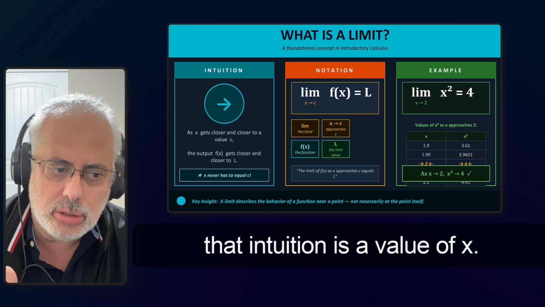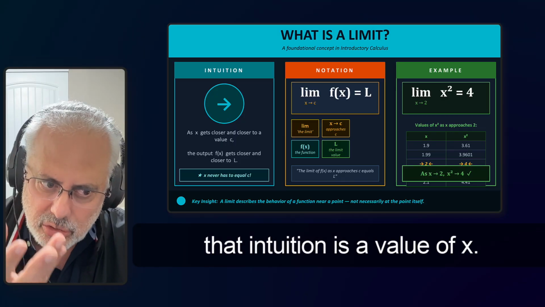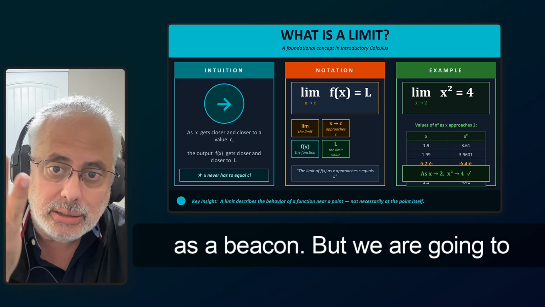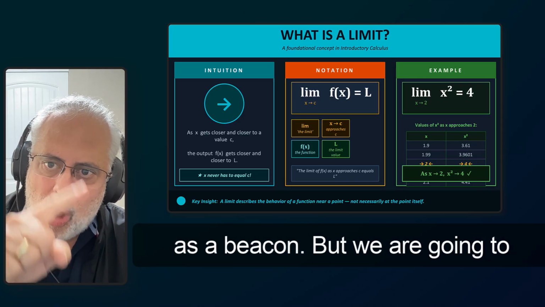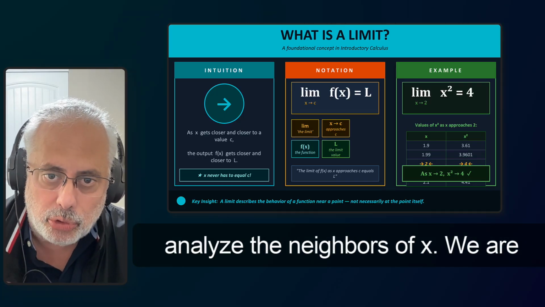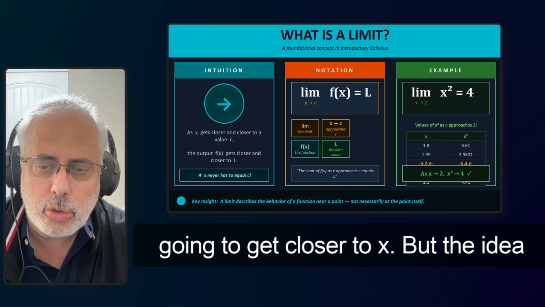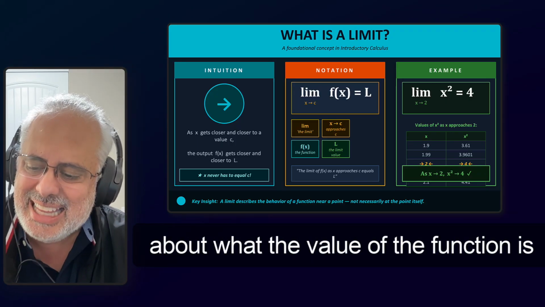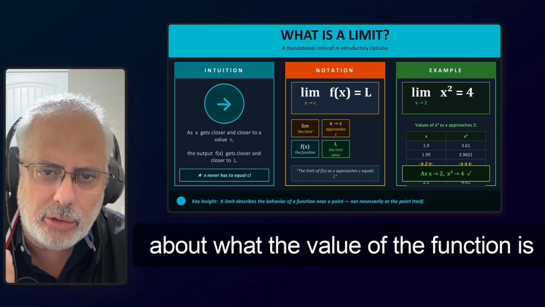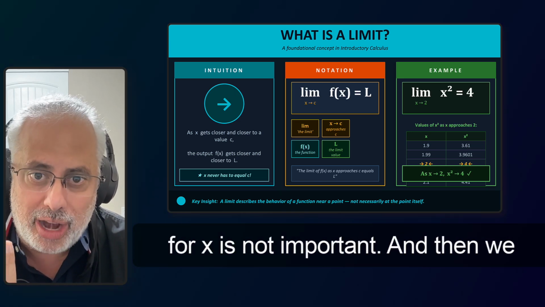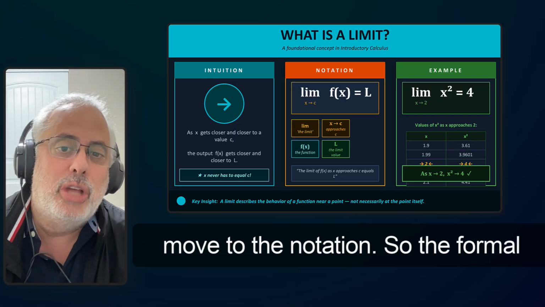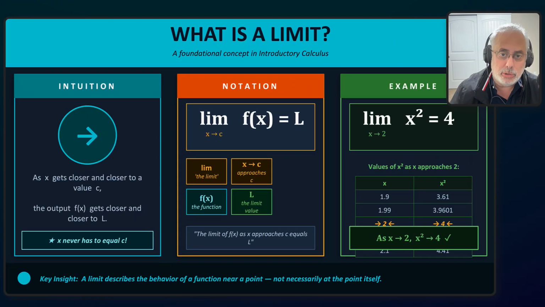And that intuition is a value of x that is right there as a beacon, but we are going to analyze the neighbors of x. We are going to get closer to x, but what the value of the function is at x is not important.